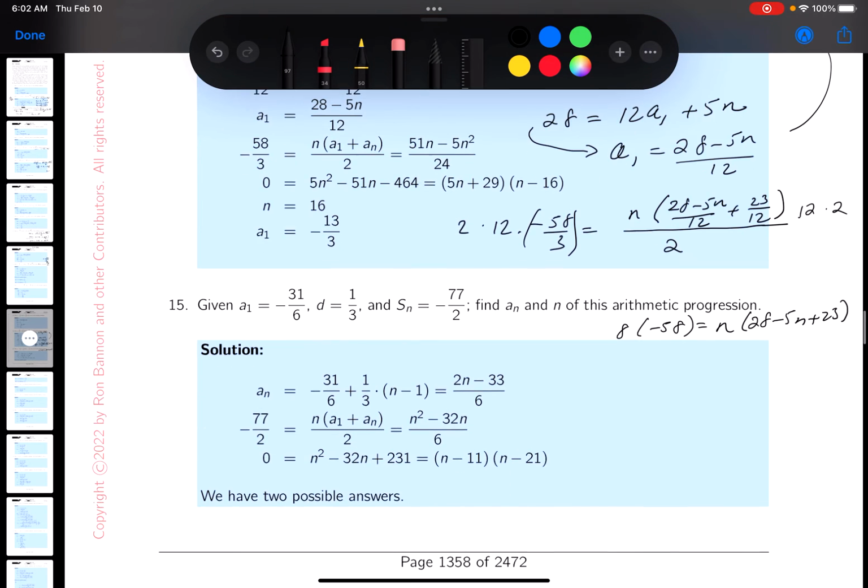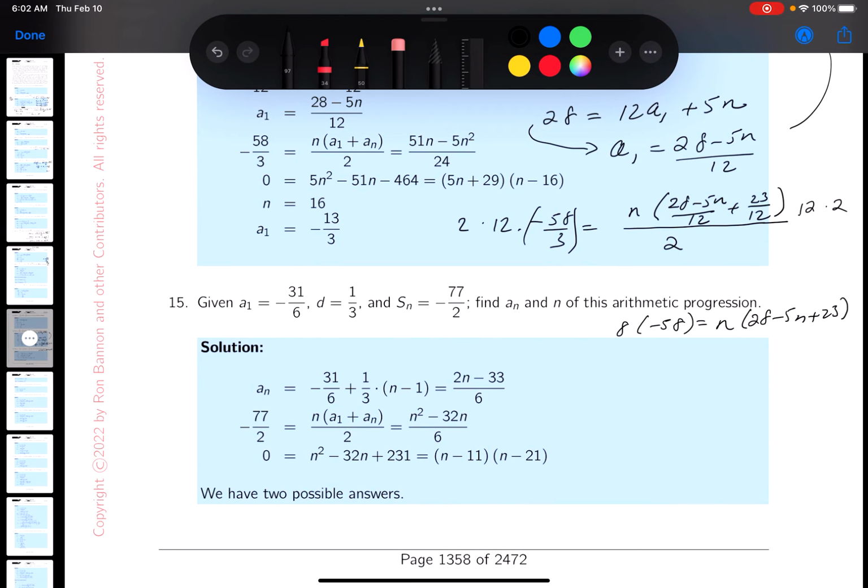All right? Got to keep moving along, and I've got an equation and one unknown. Let's see, 50 times 8 is 400, and then 64, so minus 464. And then I've got to do this business over here, and I'm going to write down minus 5N squared plus, well, 28 and 23, that's going to be 51, so 51N.